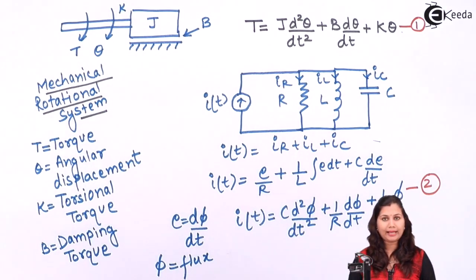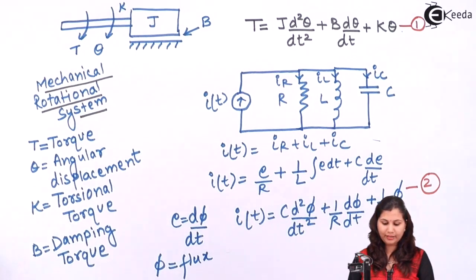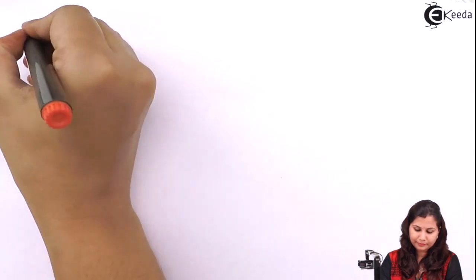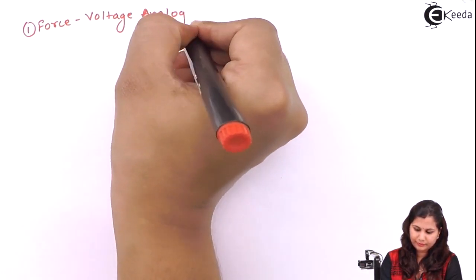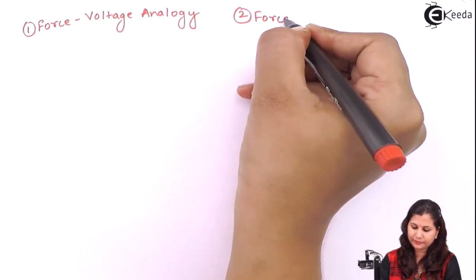So let's summarize what we have to replace in the question. The analogous systems can be represented in two ways. So there are two ways to find out the analogous system. First is the force voltage analogy, and second is the force current analogy.